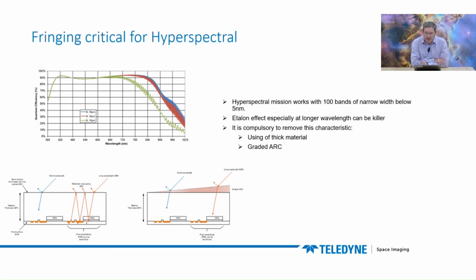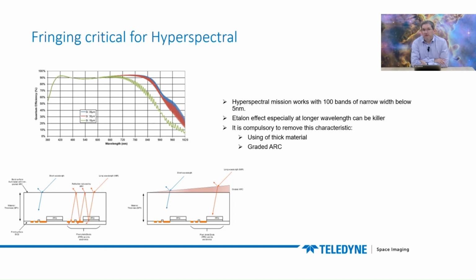At Teledyne E2V, we developed a specific process that we call graded AR coating in order to remove this phenomenon, by having a coating that goes from UV to infrared, but at the same time adjusting the thickness of this AR coating in order to prevent this reflection at the front surface of the detector.